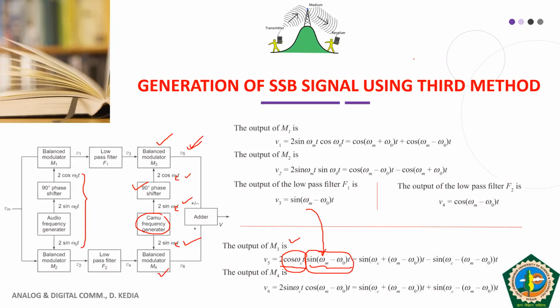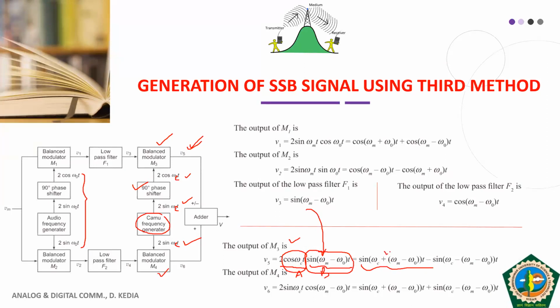If you apply those identities, then you get sine of omega c plus omega m minus omega naught t. If you take this as A and this as B, what do we get?